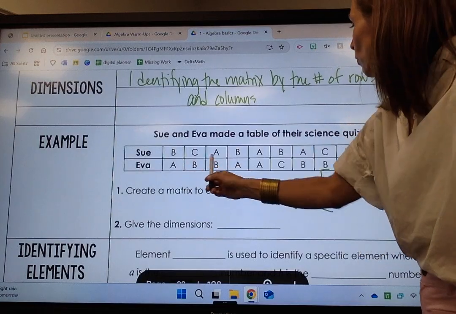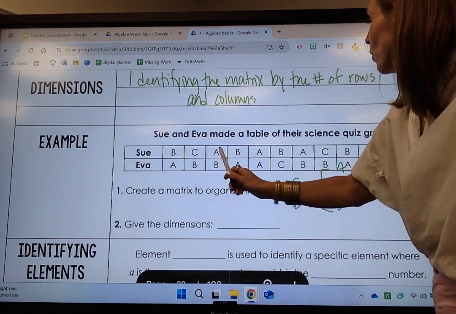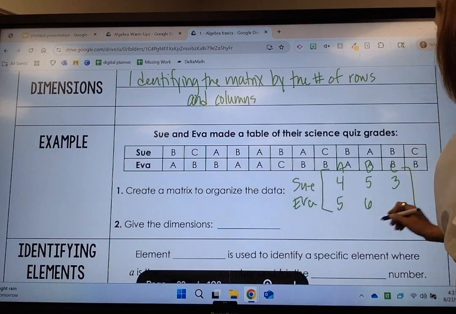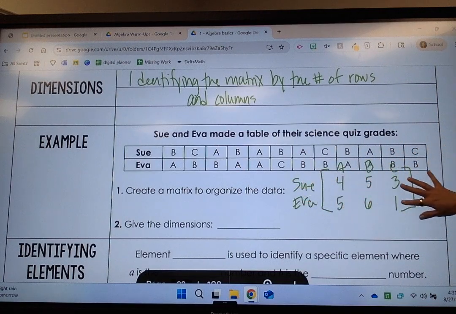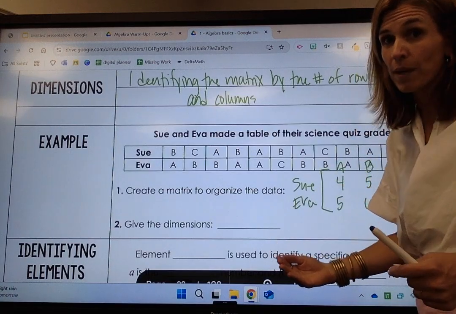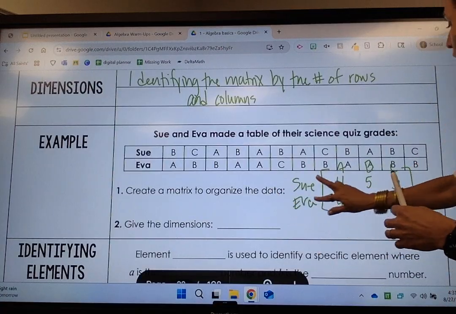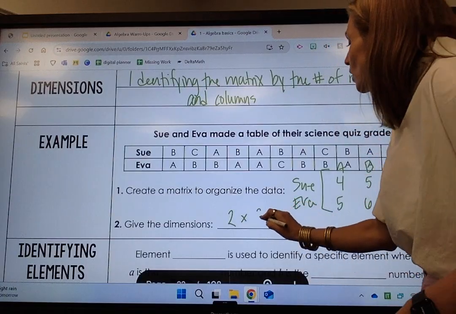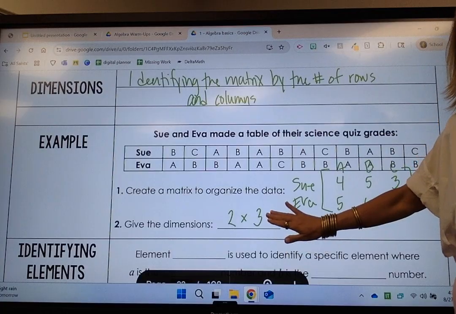Eva, on the other hand, had 1, 2, 3, 4, 5 A's, and 1, 2, 3, 4, 5, 6 B's, and only 1 C. So in this matrix, Sue and Eva are the rows, A, B, and C are the columns. And remember, when we give the dimensions of a matrix, we go rows, then columns. So I have 2 rows and 3 columns. So this is called a 2 by 3 matrix, okay?